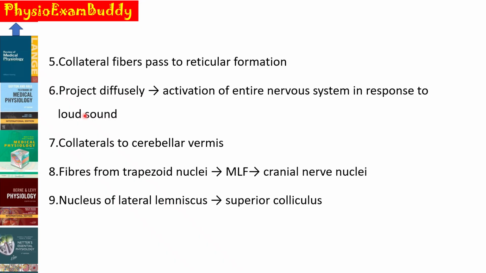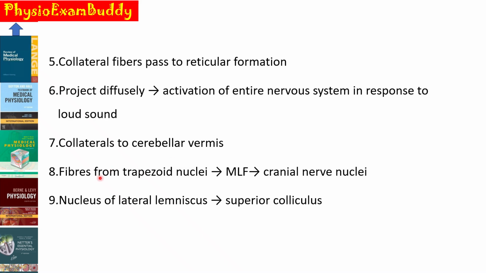Next special feature is that collateral fibers from the auditory pathway pass to the reticular formation. And another special feature is that it will project diffusely and cause activation of the entire nervous system in response to a loud sound. The fibers also send collaterals to the cerebellar vermis.